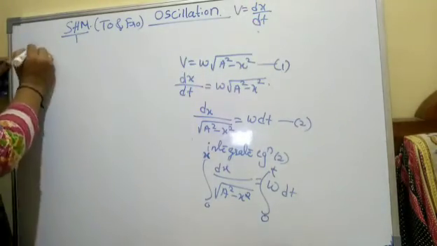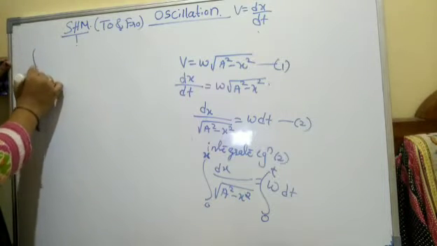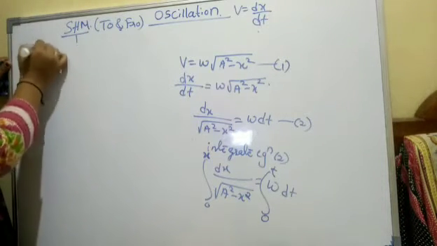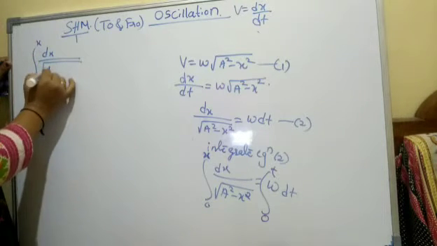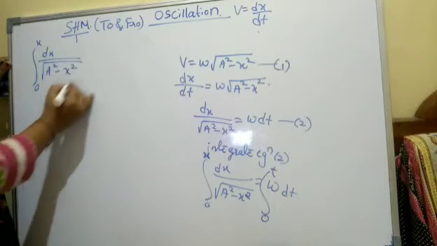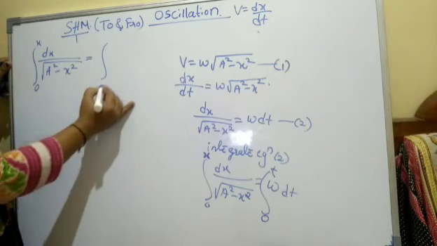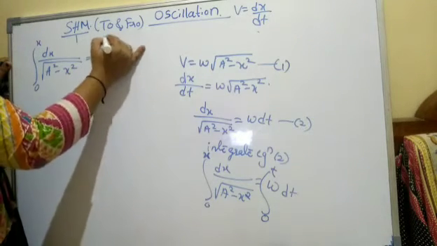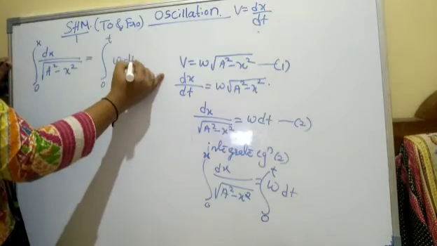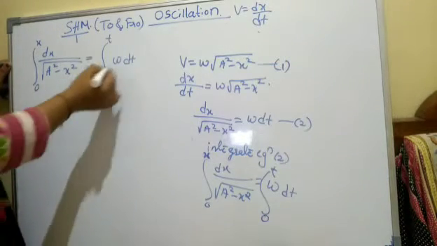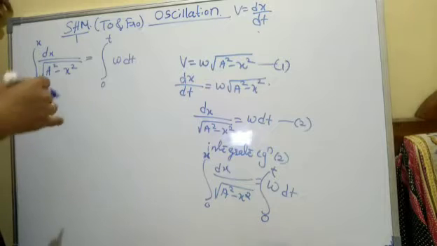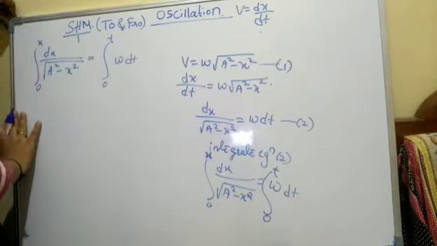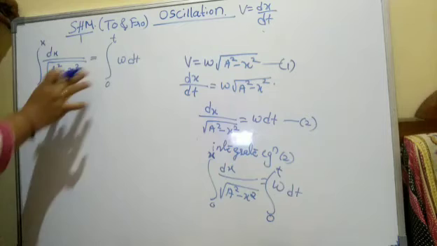Integration from 0 to x of dx by root of a square minus x square is equal to integration from 0 to t of omega dt here, right? We will discuss what this omega means in the upcoming classes; until then, concentrate on this part.